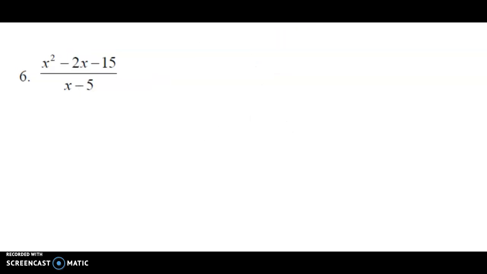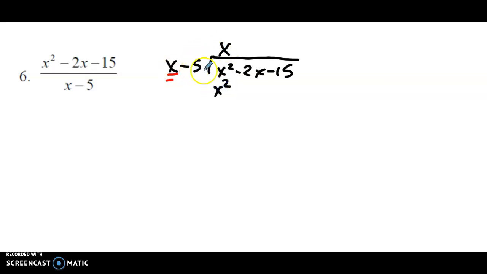All right, number 6, I'm going to set it up. x squared minus 2x minus 15, and then x minus 5. I'm going to divide this x here into these terms. So x into x squared goes x times; x times x is x squared. x times negative 5 is negative 5x.